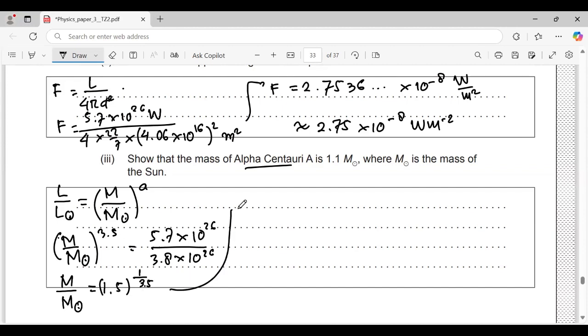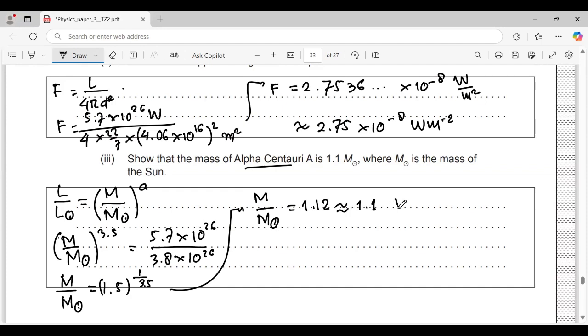If you calculate the mass of Alpha Centauri A compared with the mass of the sun, I have calculated 1.12. Rounded off, it becomes 1.1.